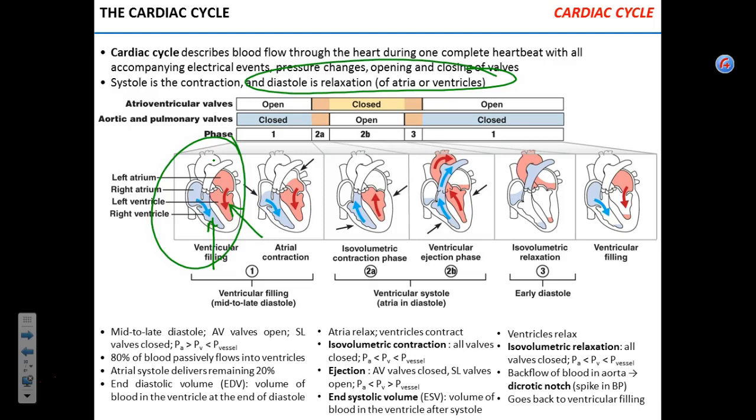If pressure in the great vessels, like aorta or pulmonary trunk, is high, then this pressure will keep the valves closed. So there is no backflow. Does that make sense? So at this point, we're going to talk about three anatomical structures: atria, ventricles, and great vessels. At this point, which structure has the lowest pressure?